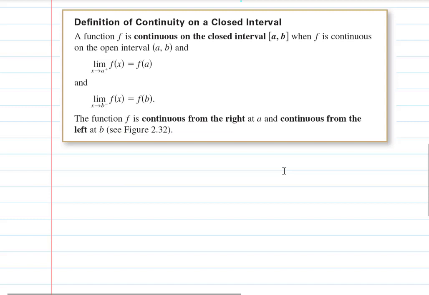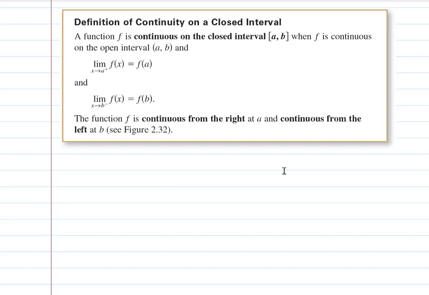Now, to understand the definition of continuity on a closed interval, we need to be able to calculate one-sided limits, either coming from the right or from the left. Because unlike the open interval, here we're going to have closed endpoints, which we represent on the interval with brackets.